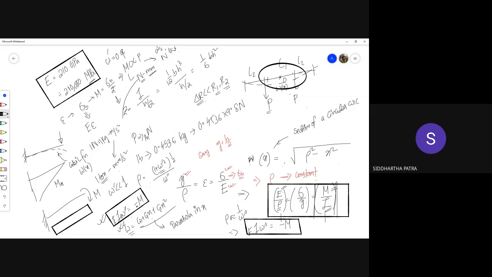Say a beam is 1 meter, the deflection is perhaps a few millimeters. W is so small, so W prime is even smaller, and then the square of W prime is even smaller, so the slope squared is so small that the circular arc could also be approximated with this parabola right here.